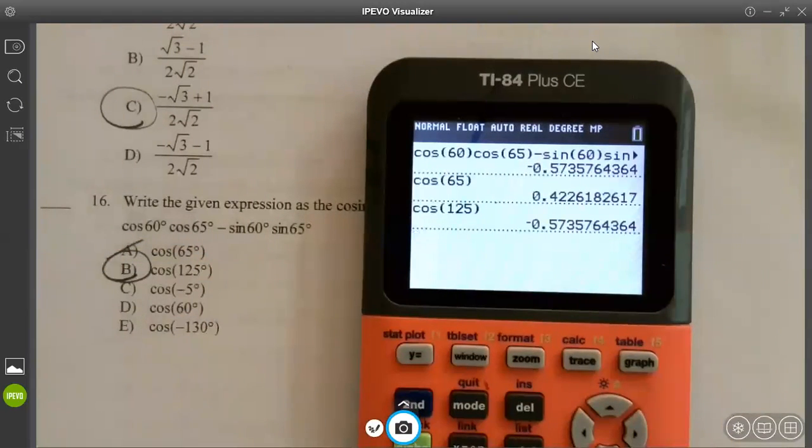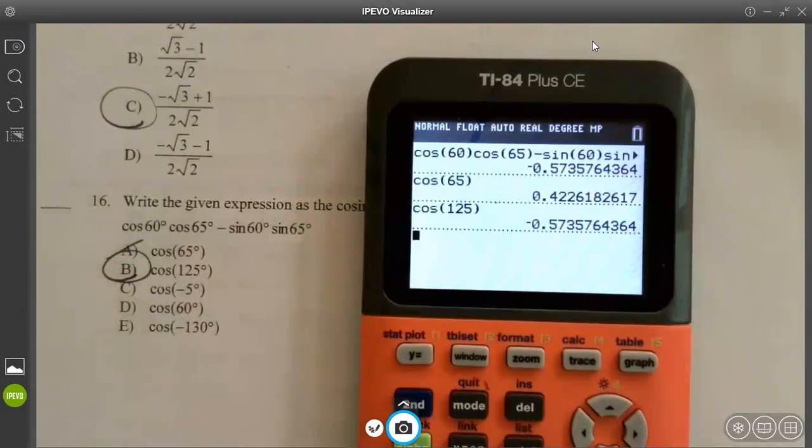Could you just add the 60 and 65 and do cosine? You could. But if you're not gonna look on that formula sheet, are they gonna do it? A lot of them are gonna do it this way and be pretty lazy. The quicker way is the formula sheet.